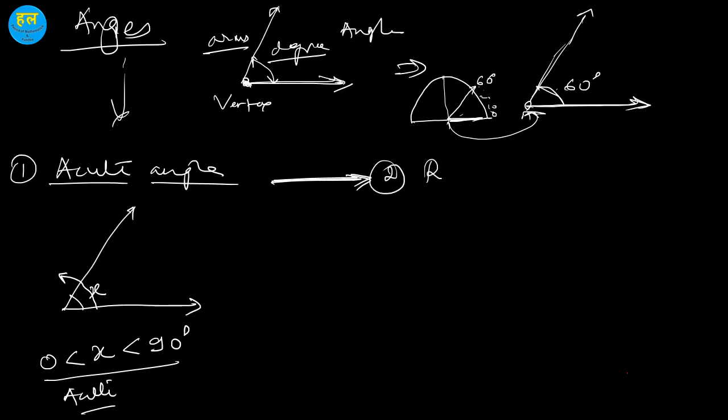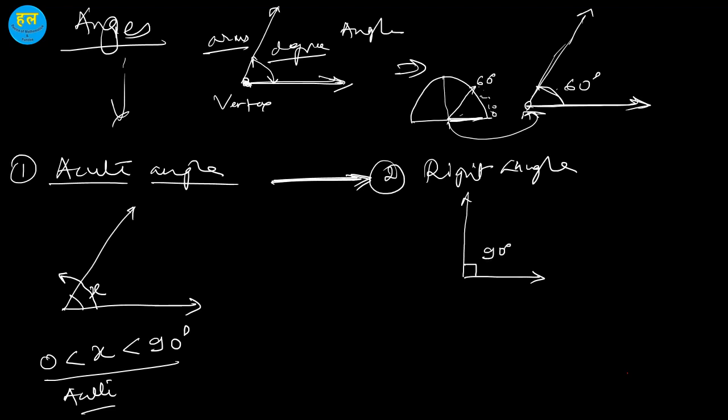Next, right angle. Okay, we have understood the acute angle. When we measure an angle and it matches to the 90°, that is both the arms are perpendicular to one another, then the angle is called right angle.